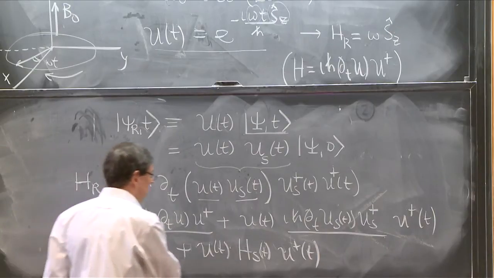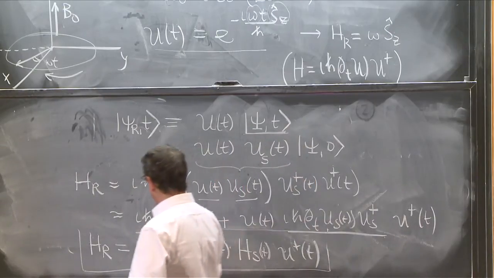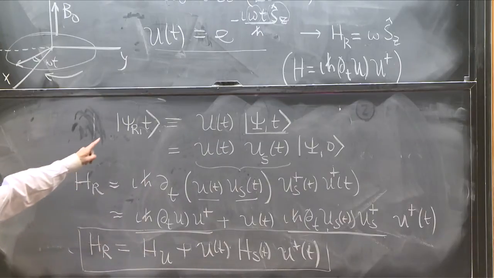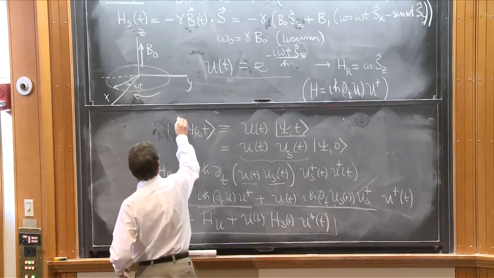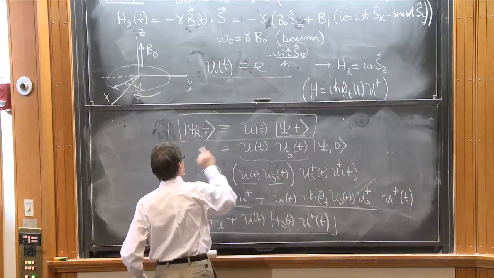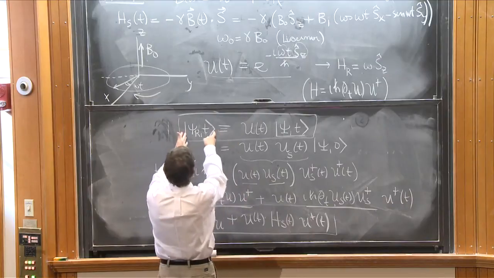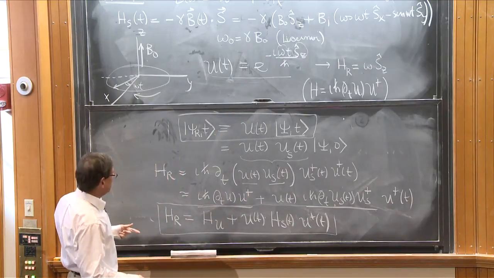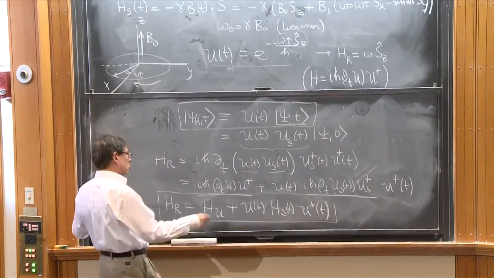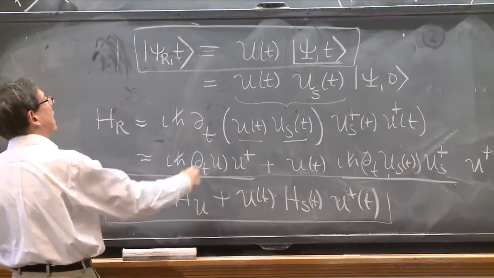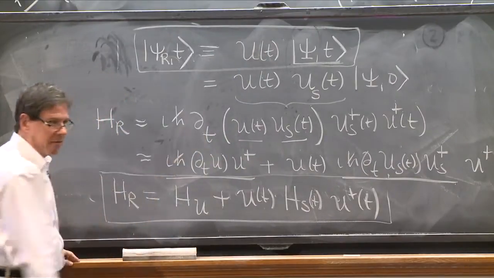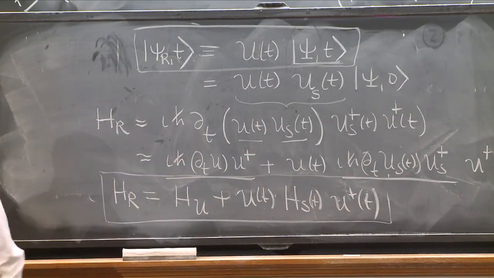So this formula we derived also last time by looking at the differential equation satisfied by psi r. So it's a nice formula. If somebody gives you something like this and says, here's a unitary operator, what is the new Hamiltonian? The new Hamiltonian is equal to the transformed old Hamiltonian plus the Hamiltonian associated to this time evolution operator. It's a nice formula.